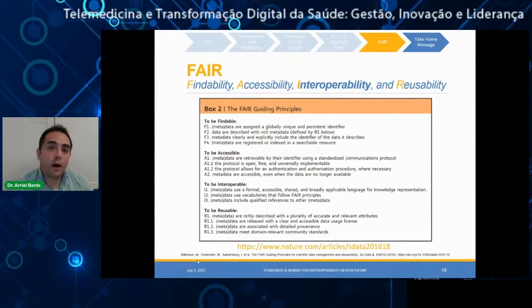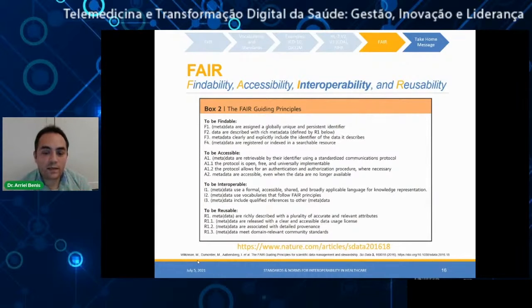For example, we talk about ICD-10, ICD-11, DICOM, so using well-known standards for being able to have data findable, accessible in an interoperable system, and also all the data generated must be reusable, meaning that we need to provide data in such a way that we can find, access, and communicate them, but not only once.